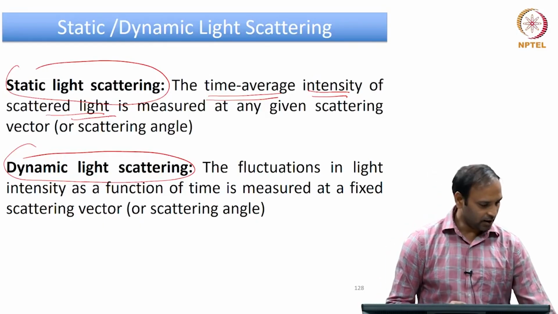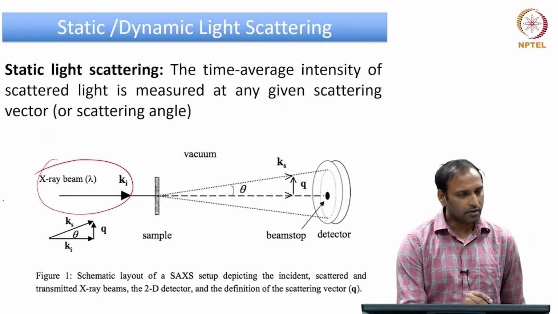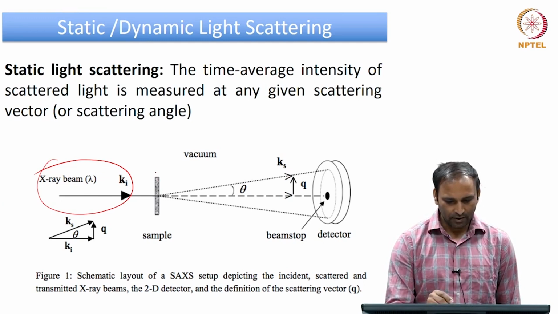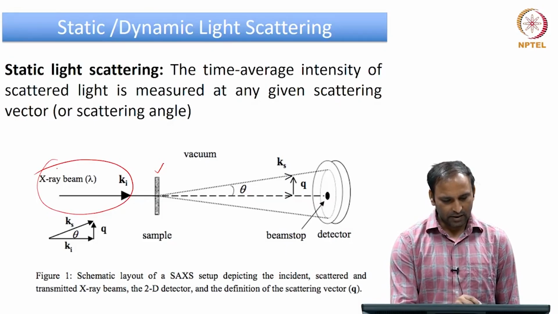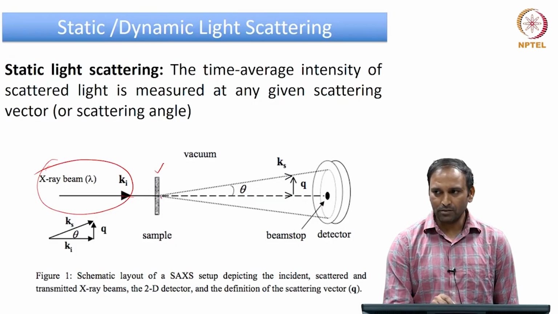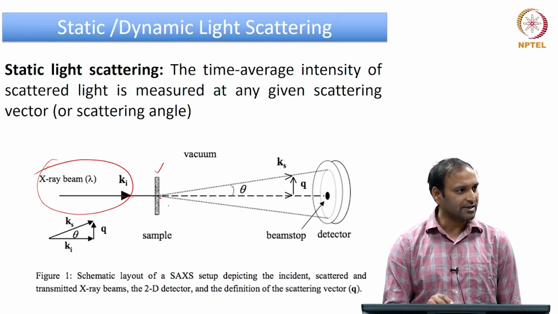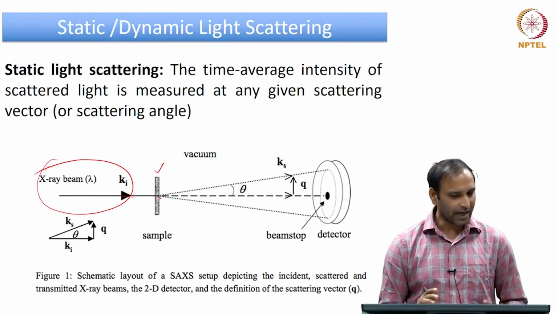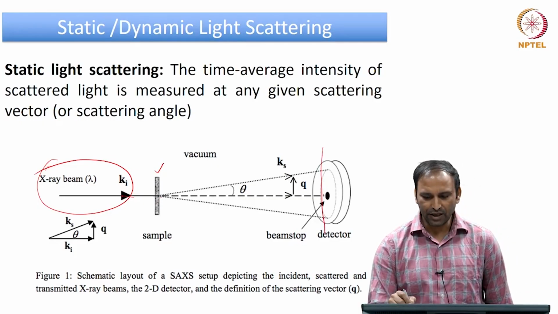A typical experiment looks something like this. I have a light source, and I have a sample, and this light beam is incident on the sample, and the local heterogeneities, or the non-uniformities in the sample, will make the light deviate or scatter, and that is collected on a screen.